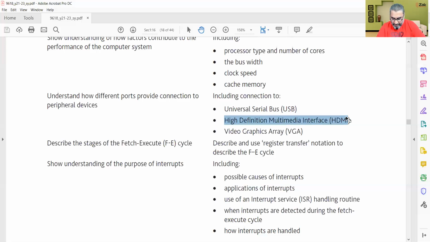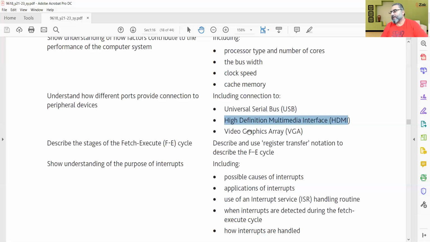If the key can be authenticated, then handshaking takes place, otherwise the system will deny that this DVD can be played back. So HDMI is used with HDCP, high bandwidth digital copy protection, and that is used by many Blu-ray DVD producers in order to prevent piracy.